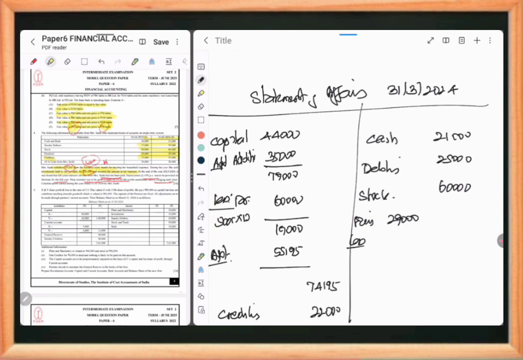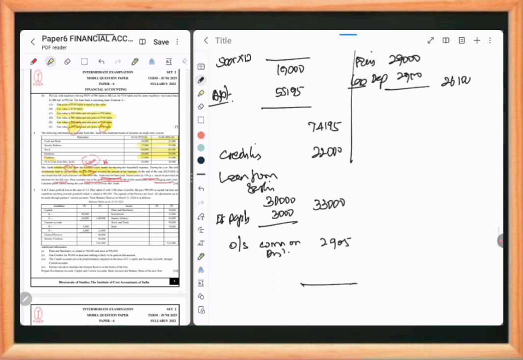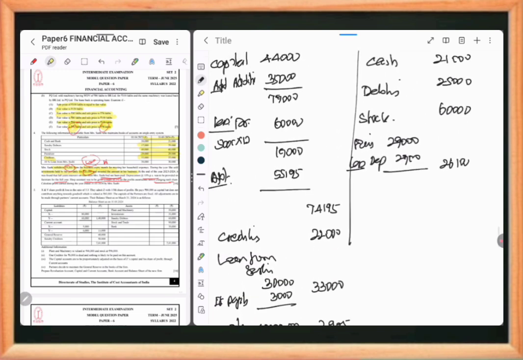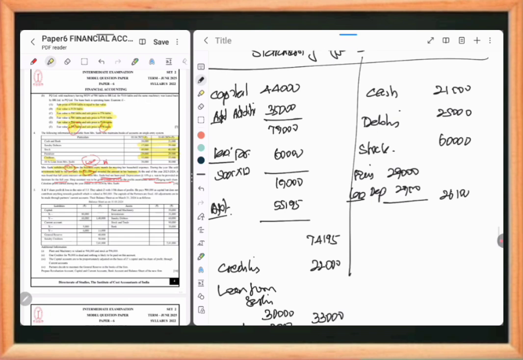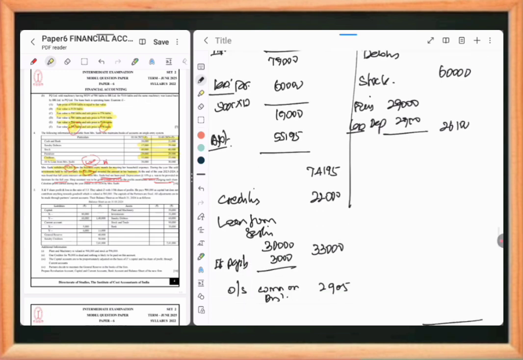Less depreciation, how much? 2,900. 29,000 minus 2,900, that is 26,100. So that's all. If we total, it must tally. So 21,000 plus 25,000 plus 60,000 plus 26,100, that is 1,32,100.